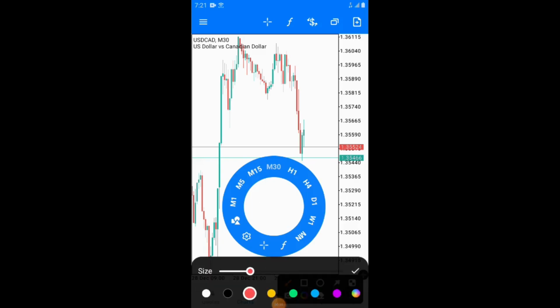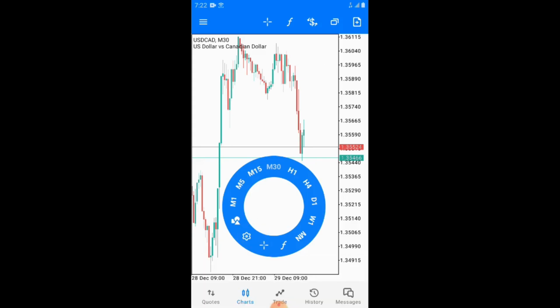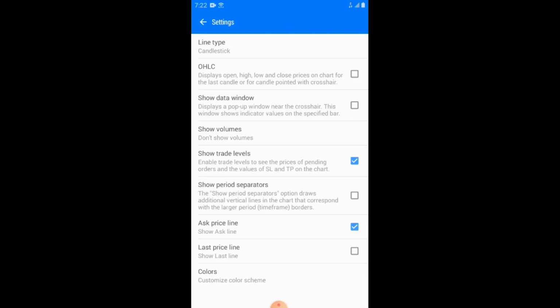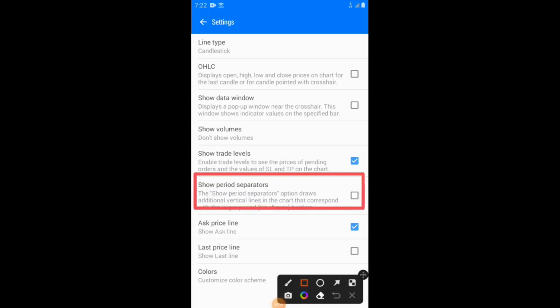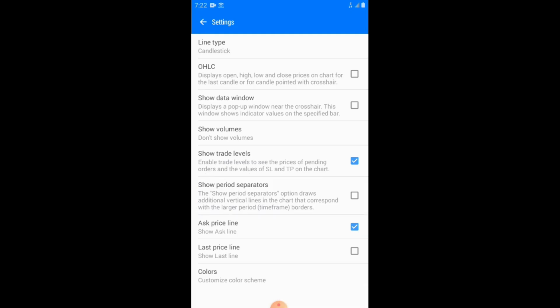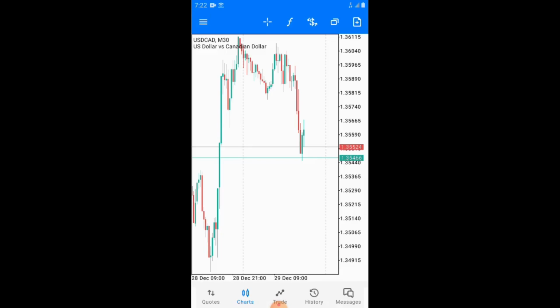Click on settings. Then you will see show period separators. That's the period separator. Then you check the box. Now as soon as you check the box, you can go back.